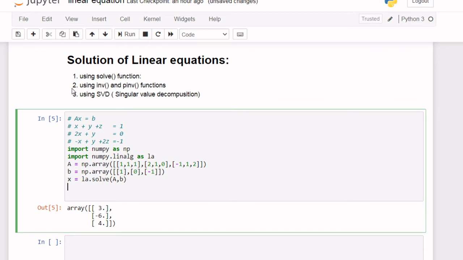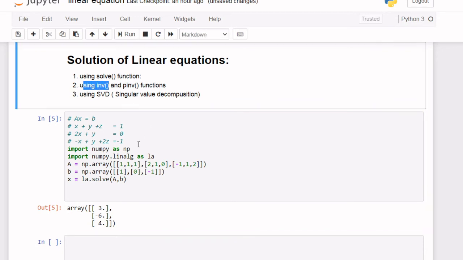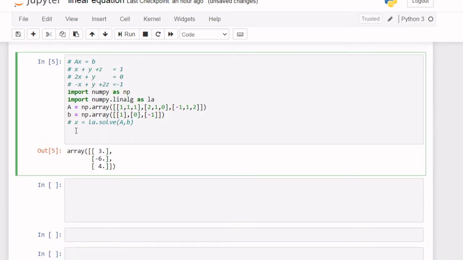The next method is using the inverse function, inv. Our x will be the inverse of A multiplied with the b matrix.